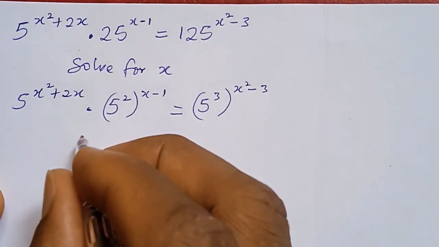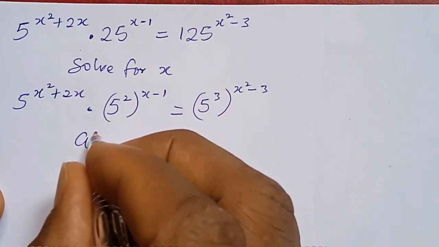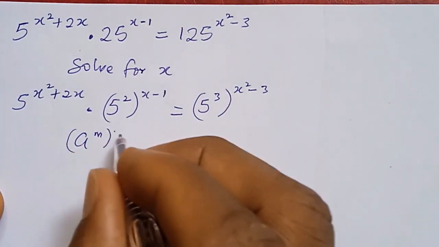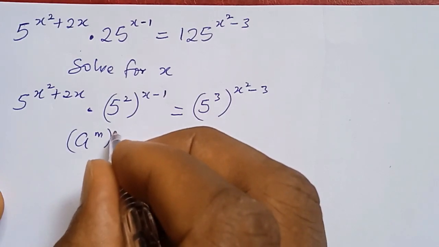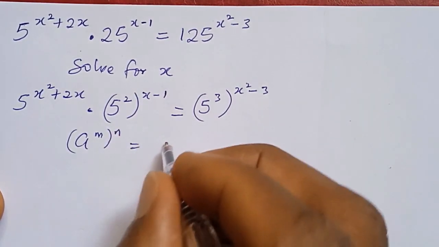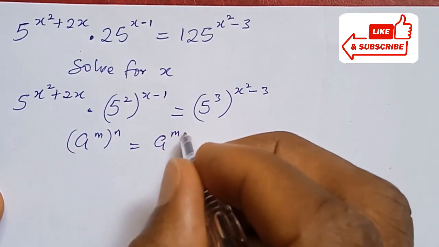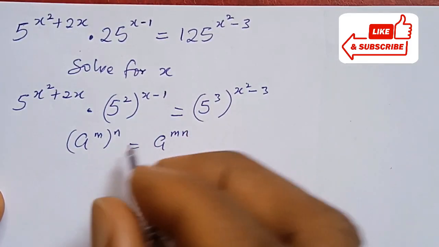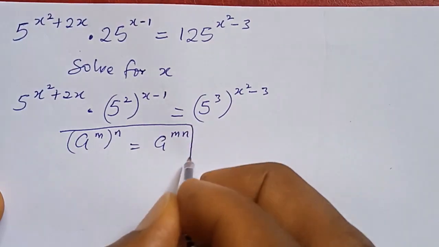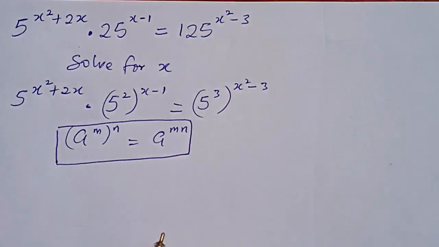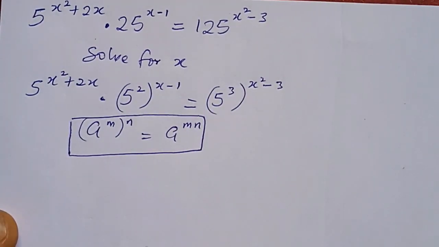So we're using this identity: base a power m, multiplied by another power n, gives us base a power m multiplied by power n. So we use this identity to simplify the exponent.